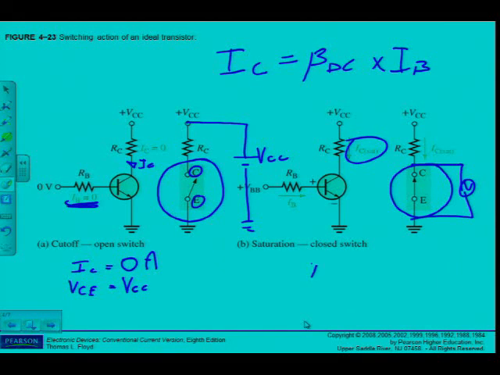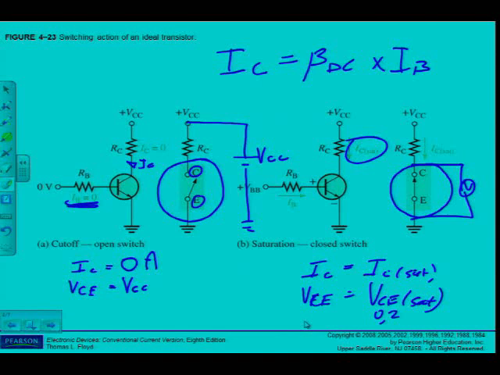So the parameters of a transistor used as a closed switch: IC is going to be equal to IC sat, the maximum current that my circuit can deliver, and VCE is going to be equal to VCE sat, which we assume to be approximately 0.2 volts unless otherwise stated.